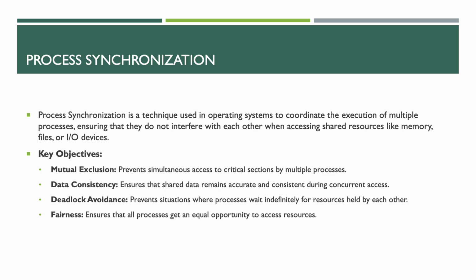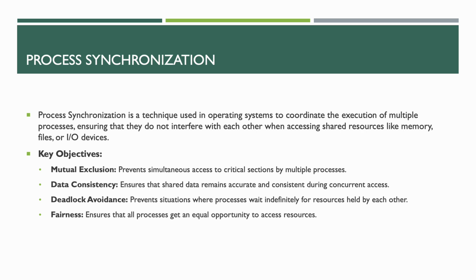It is a technique used in operating systems to coordinate the execution of multiple processes, ensuring that they do not interfere with each other when accessing shared resources. They execute in a way that maintains consistency, prevents conflicts, and avoids deadlocks.